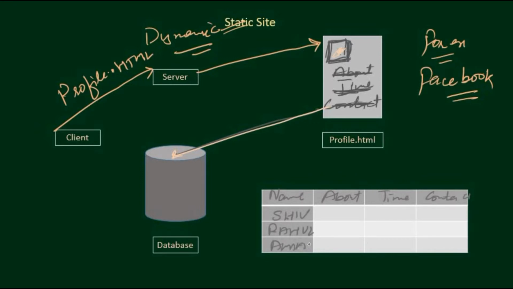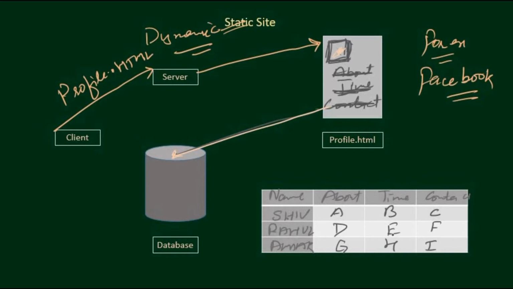Now, let's say it's going to be A, B, C for Shiv, D, E, F for Rahul and G, H, I for Amar.